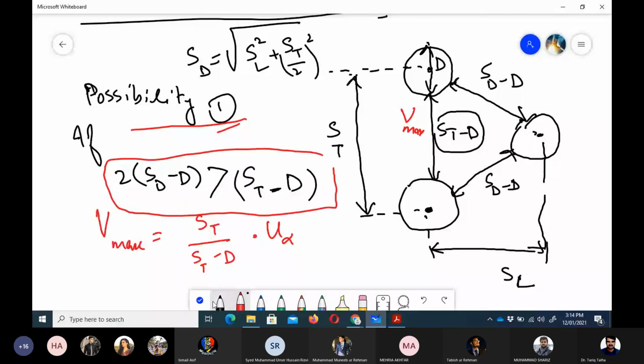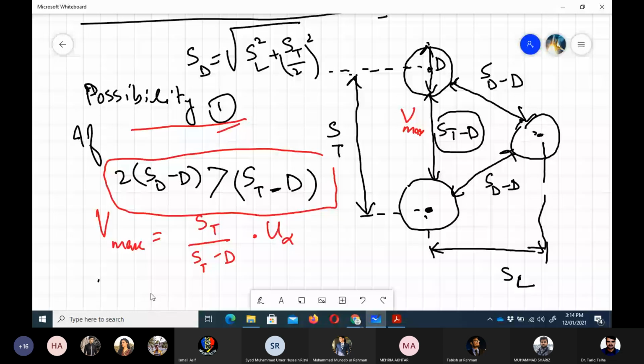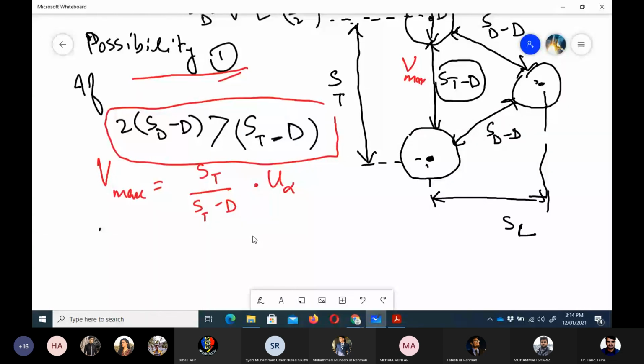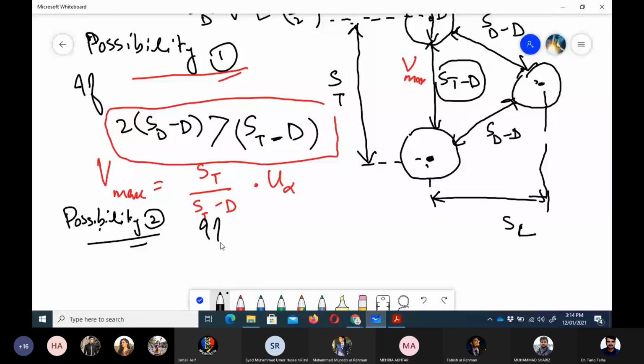Now we consider possibility number two, which is when 2 into SD minus D is smaller than ST minus D. In this case, the location of Vmax would be at this point here, because the flow is split into two directions: half would go this way, half would go this way.